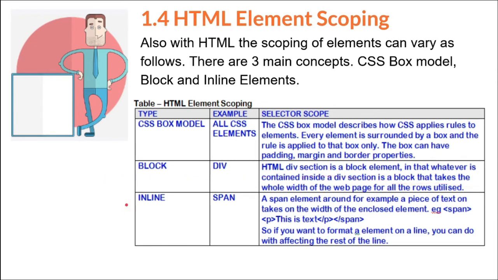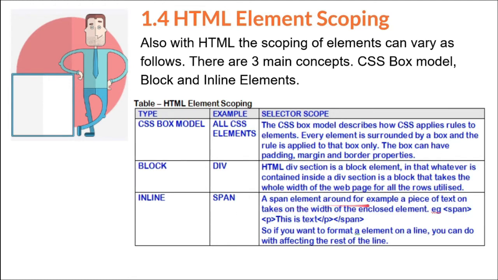So the next element is a smaller container, which is the inline section container. For example, the span element can be used to span one word in a paragraph, and it will only affect the contents between the two span tags, the opening span tag and the closing span tag.